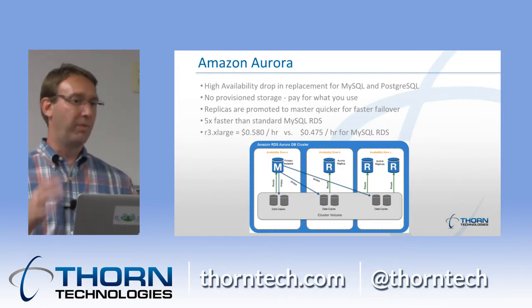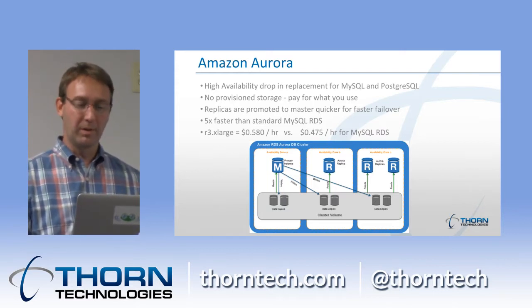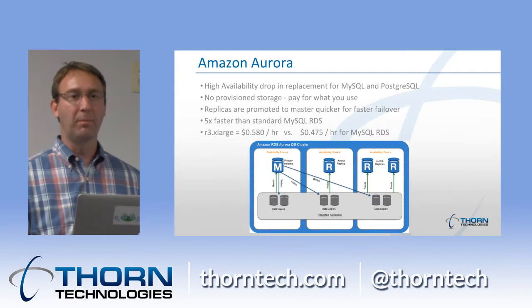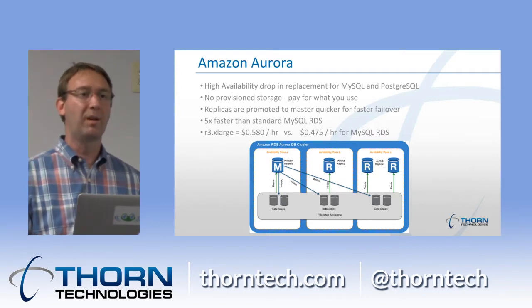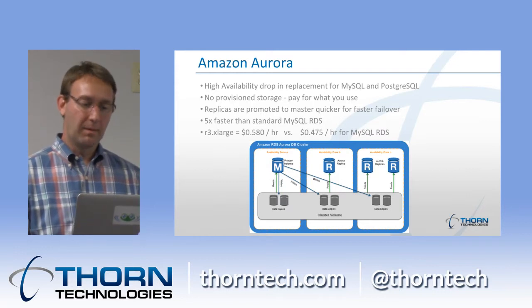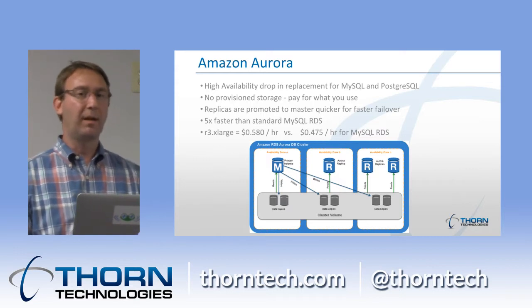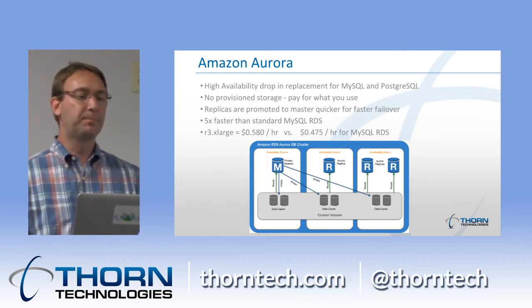They want you on theirs instead of the commercial ones. They're probably not going to have it for Oracle or SQL Server, but certainly for the open source databases like MySQL and Postgres. These are highly performing, and they're an alternative that gives you that high availability.